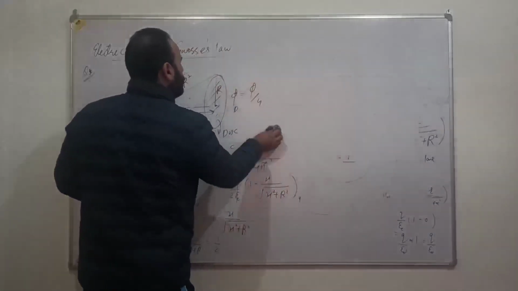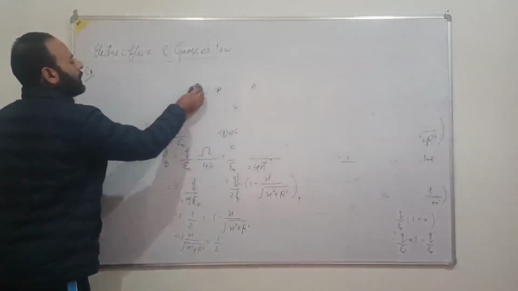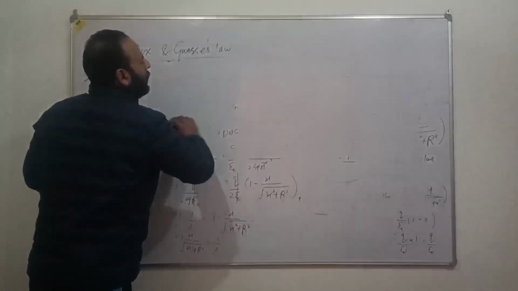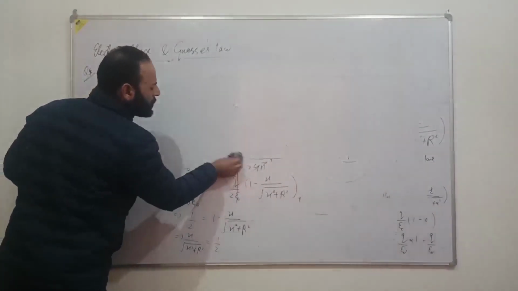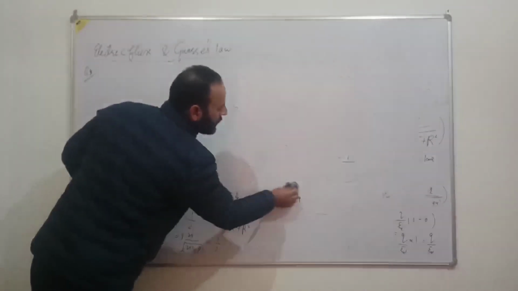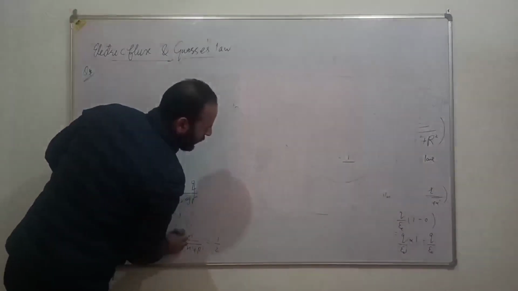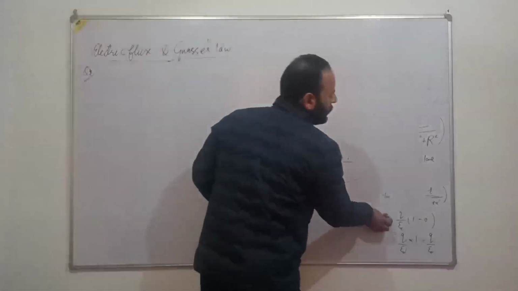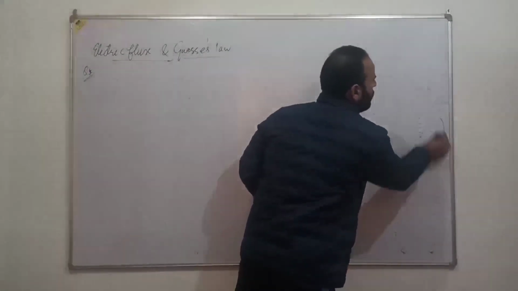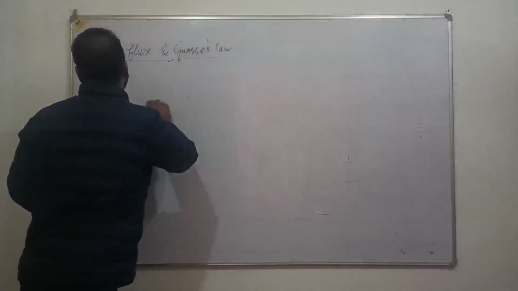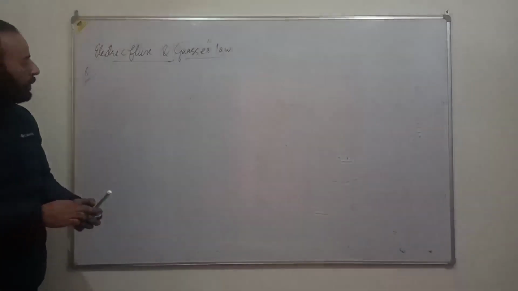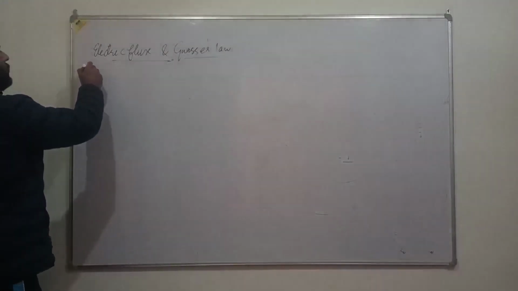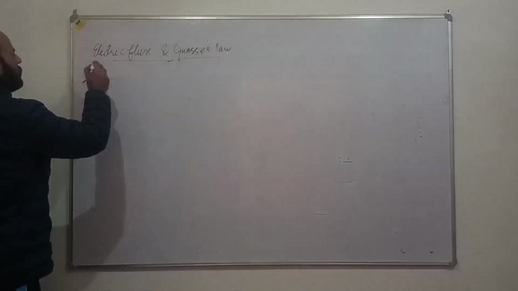Now we can also calculate the flux due to charge distributions, like a linear charge distribution. So how can we calculate the flux due to a linear charge distribution? We can calculate it like this. So I have another question now, question number 5.